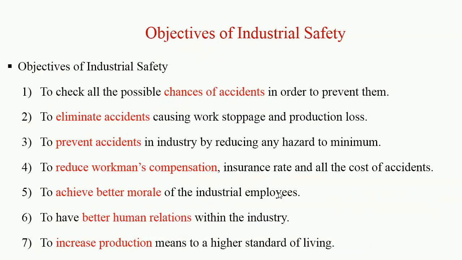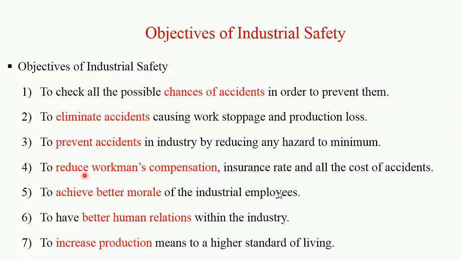In the objectives of industrial safety, we have the following points. Number one, to check all the possible chances of accidents in order to prevent them. Number two, to eliminate accidents causing work stoppage and production loss. Number three, to prevent accidents in industry by reducing any hazard to a minimum.